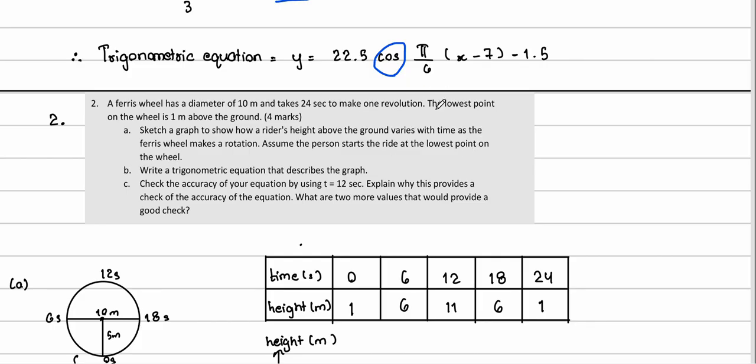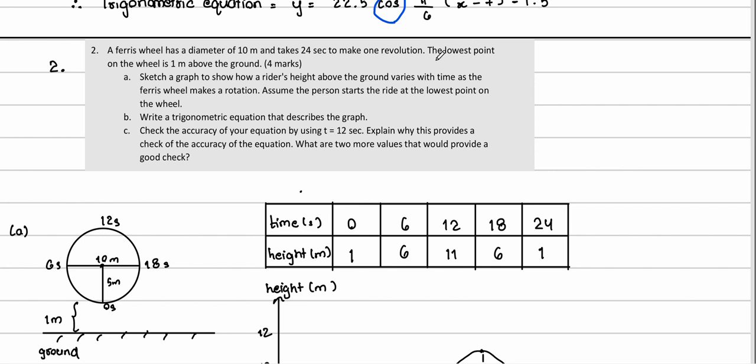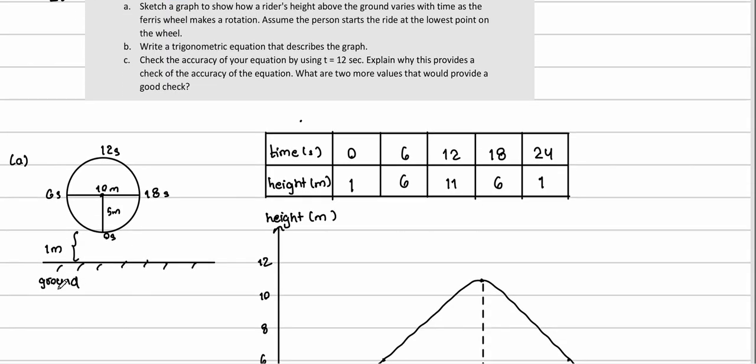The key point in the question is the lowest point. The lowest point on the wheel is 1 meter above the ground, so we need to consider 1 meter above the ground, not zero. And the wheel has a diameter of 10 meters.